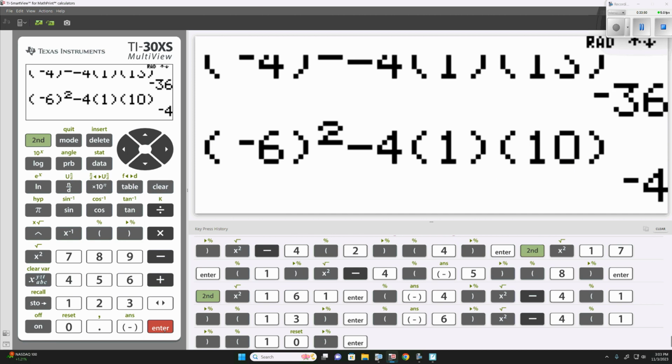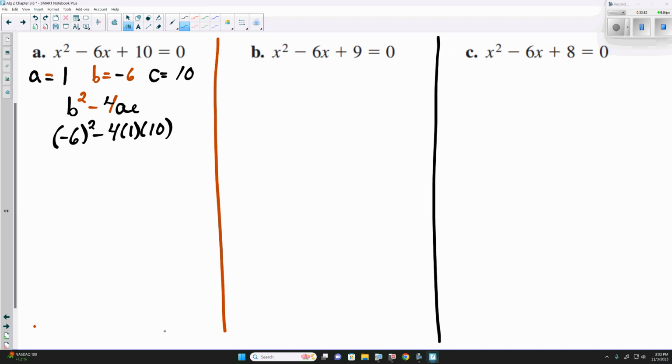At this point, we can plug it into the calculator, and it is negative 4. That right there is the value of the discriminant. Since it is less than 0, we do have two solutions, and they will be complex.